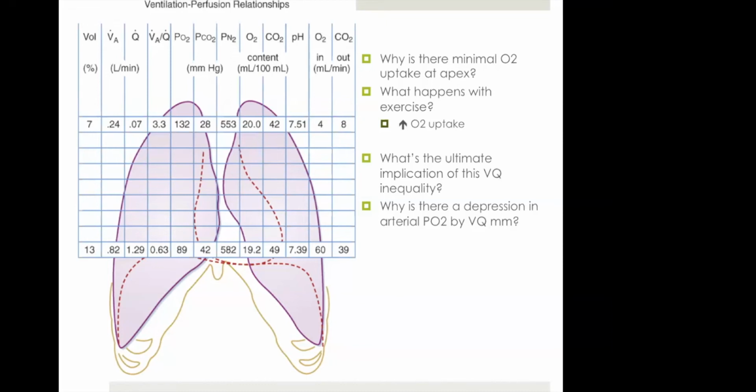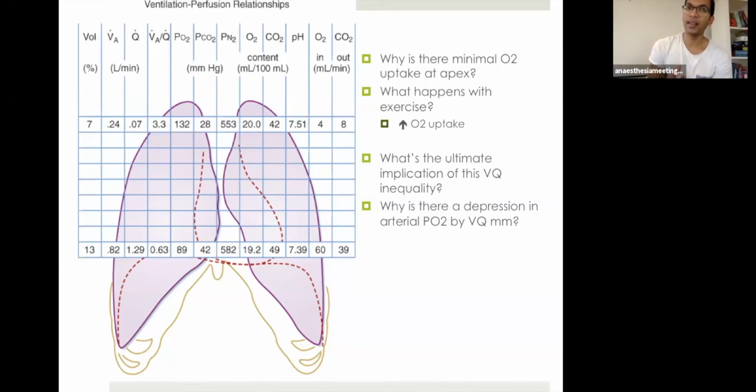I presume West Zone 1 would become somewhat more like West Zone 2, but not quite, and so you get more oxygen diffusing across. Yeah, that's pretty much right. And then you might get asked what the term for that is. With exercise you get increased blood flow, far more cardiac output, and your pressures will increase in your vessels. Something then happens to vessels in the lungs. There are two words that they might ask you about.